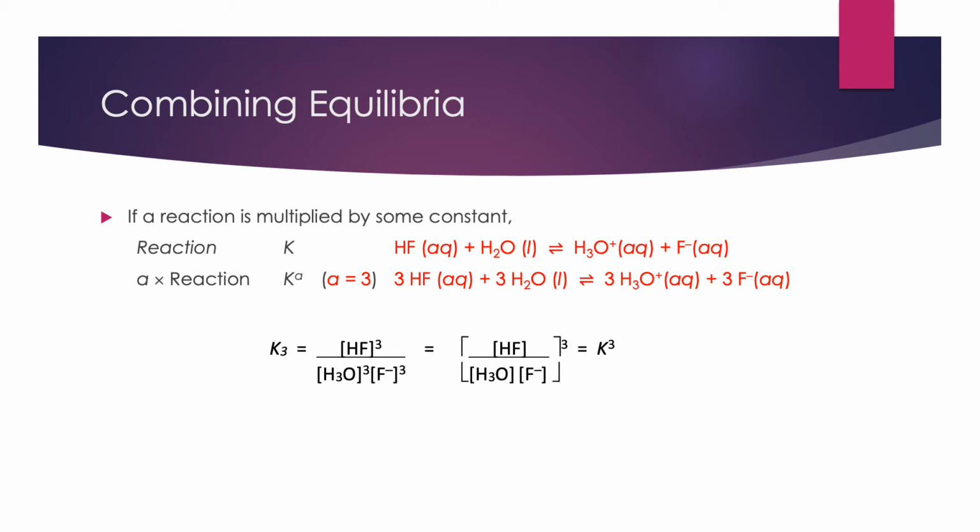We're going to have basically all of the concentrations raised to the 3rd power. So when we work that out, it turns out that the new equilibrium constant is just going to be the same as the old equilibrium constant, but now raised to the third power. And again, this is a generally true situation. If we were to multiply by any constant, a, or whatever you want a to be, the resulting equilibrium constant will be the old equilibrium constant raised to the power of the number that you multiplied the entire reaction by.